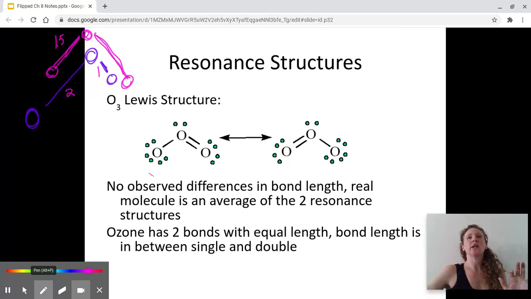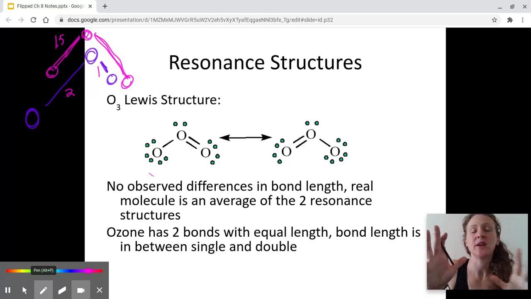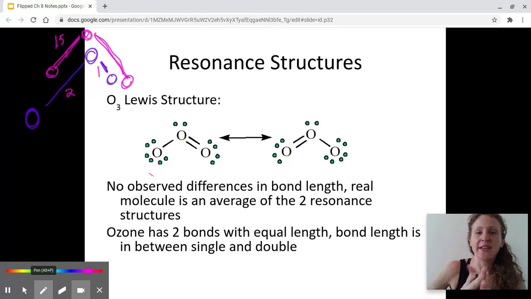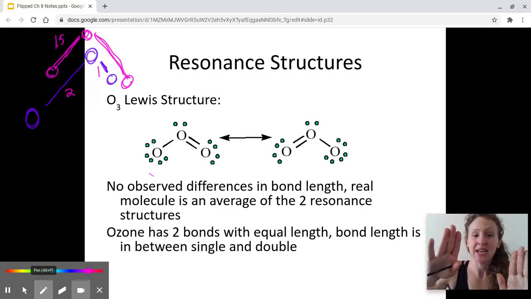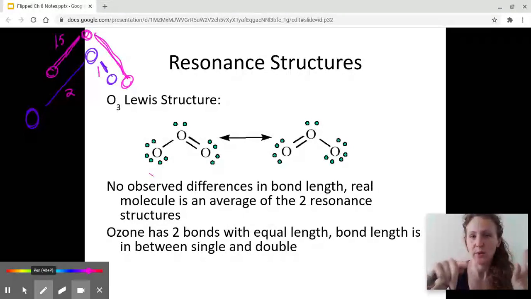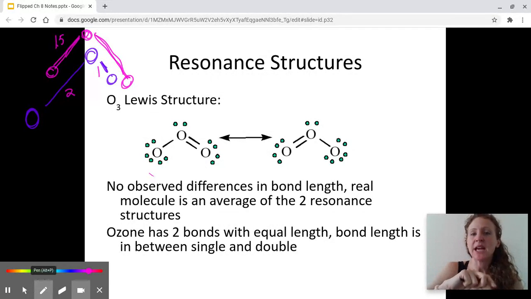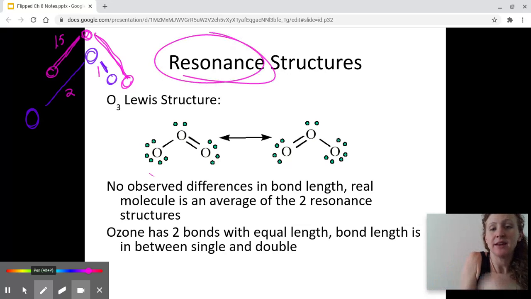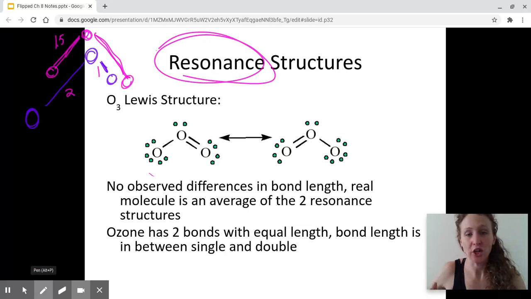And so the way that we change the model is we say that when you can have a bond moved within a molecule and not have that bond connect different atoms, notice it's always an oxygen to oxygen, we say that the molecule has resonance. And it's a resonant structure.